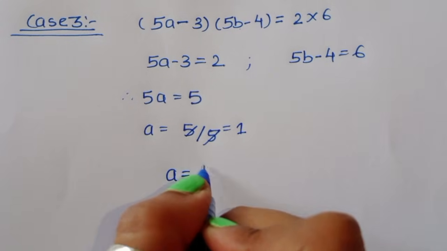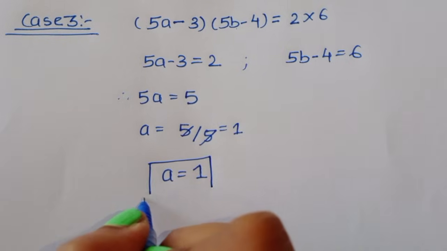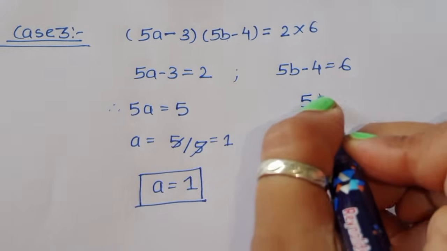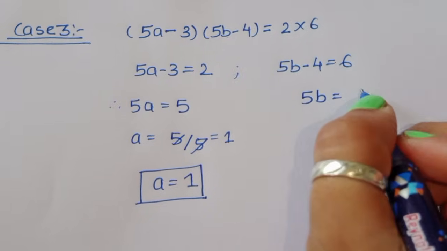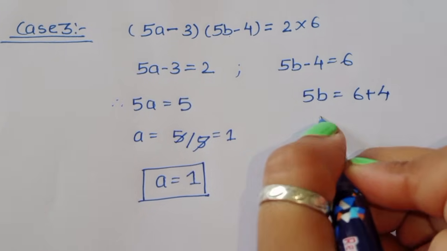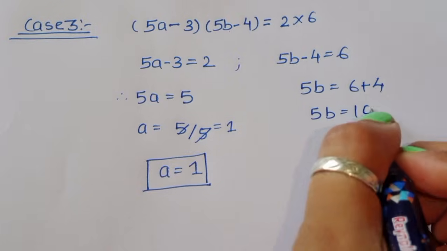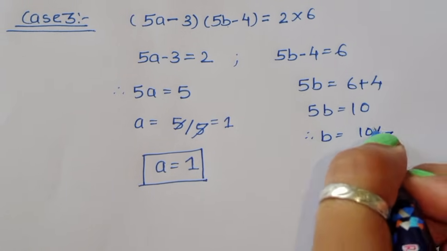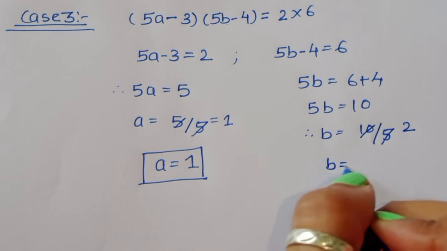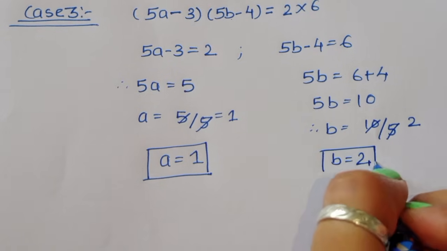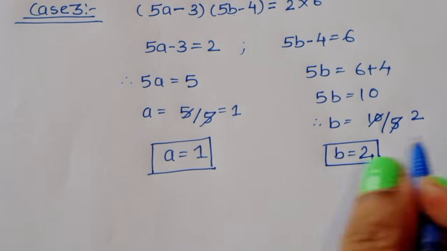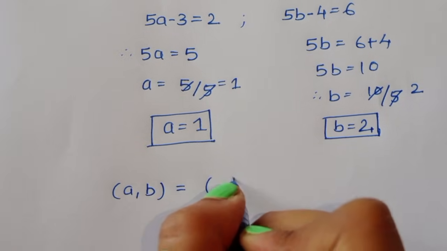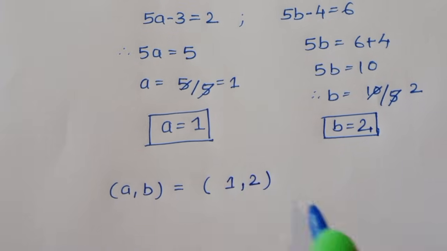So a equal to 1. Now we have to find out the value of b. So 5b equal to 6 plus 4. 5b equal to 10. Therefore b equal to 10 by 5. 5 2s are 10. b equal to 2. This is the value of b from case 3. So we can say (a, b) equal to (1, 2).